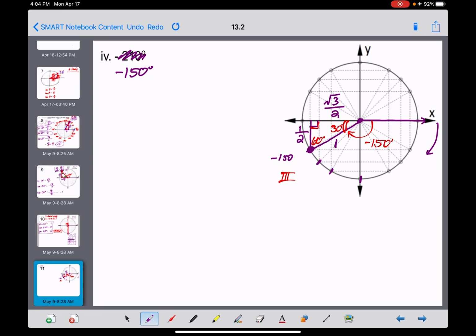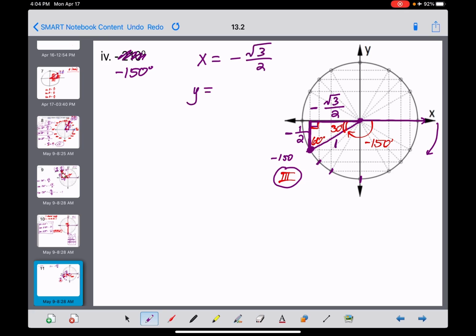But I want to remind everybody, we're in the third quadrant. And in the third quadrant, both your x and your y values have to be negative. So that's actually a -1/2, which I was about to say you might know because we're going down from the x-axis. The √3/2 is negative as well because we're going left of the origin, or left of the y-axis. So what do we know, guys? Our x-coordinate right here is negative √3/2.